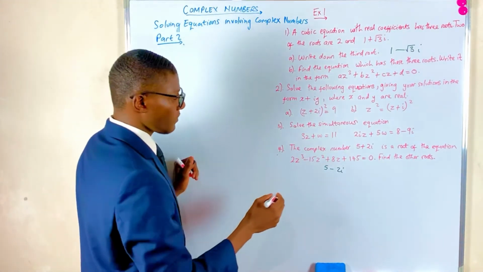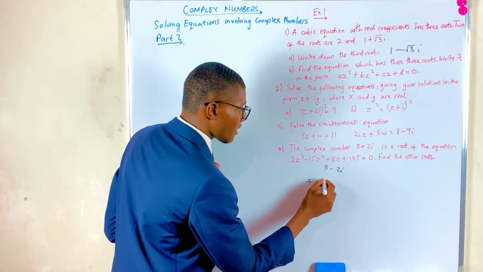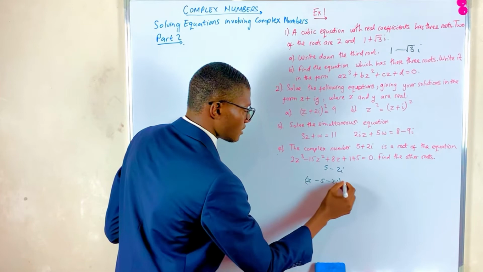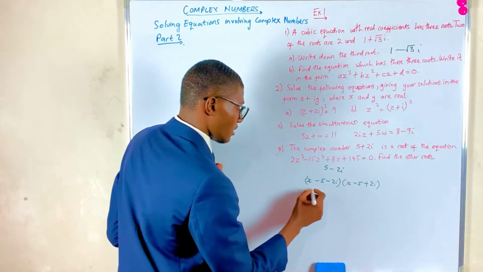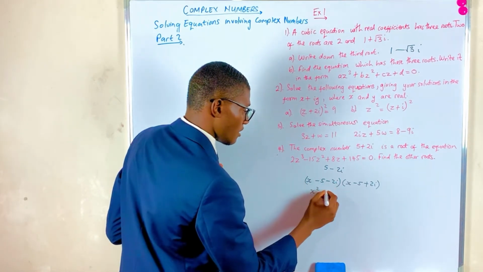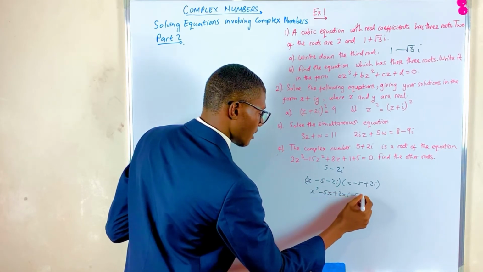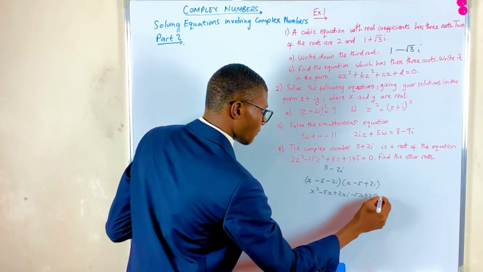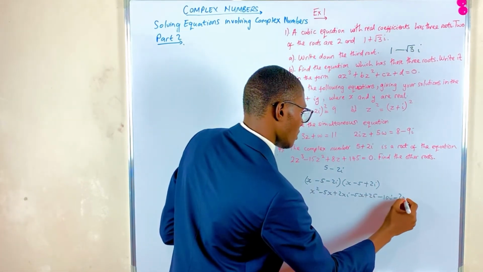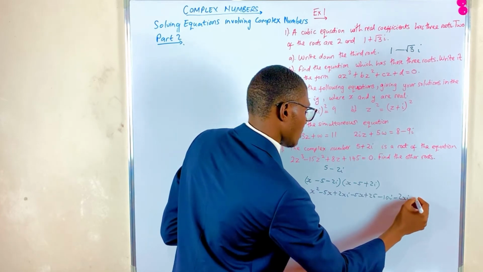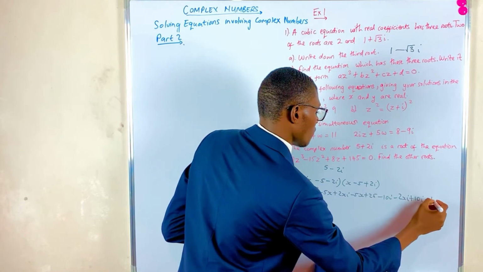So to find the last root, what we can do actually is that we can express these roots as factors. Then say x minus 5 minus 2i times x minus 5 plus 2i. And then here we get an x squared minus 5x plus 2xi minus 5x plus 25 minus 10i and minus 2xi plus 10i again, and then plus 4, right?